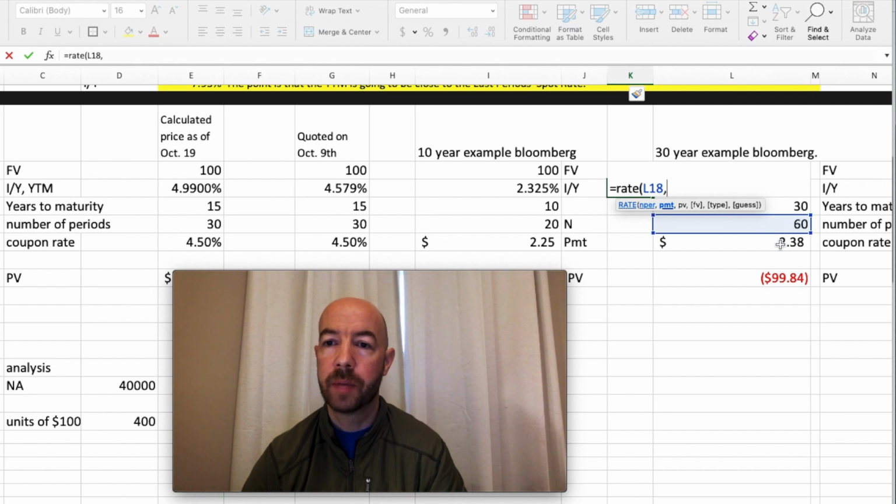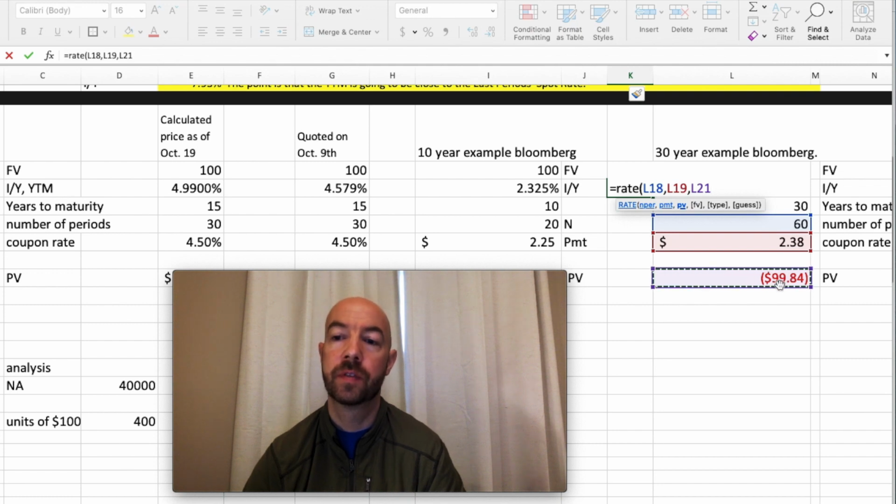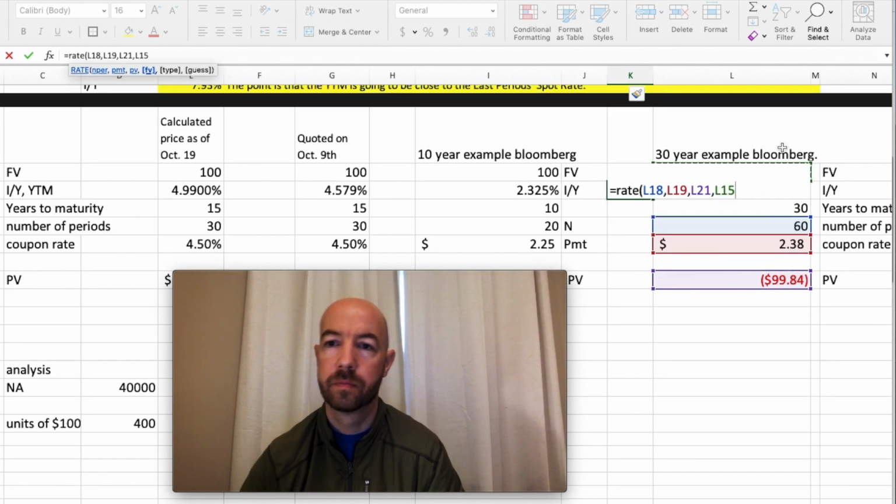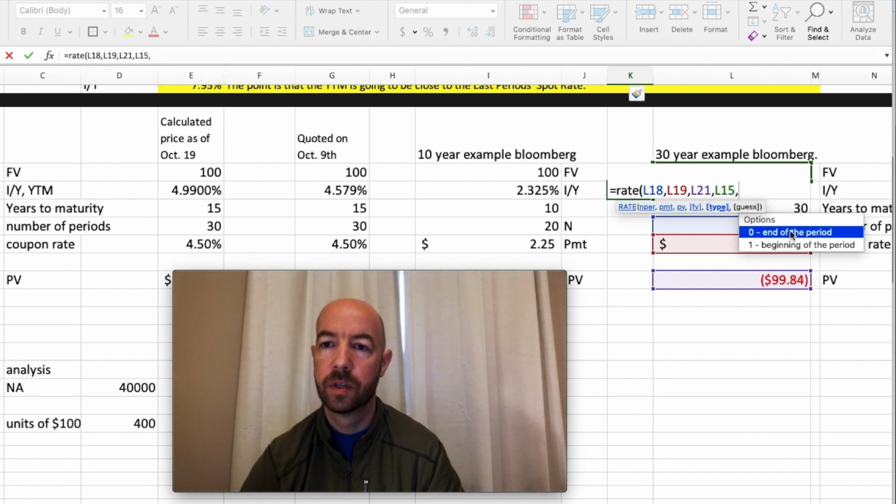We have the payment is $238 per period. The present value, this is essentially what was given to us in the Bloomberg website. Future value, it's hard to see, but it's there. And then, what's the last thing it wants? Will be paid at the end of periods, not at the beginning of periods on treasury bonds.